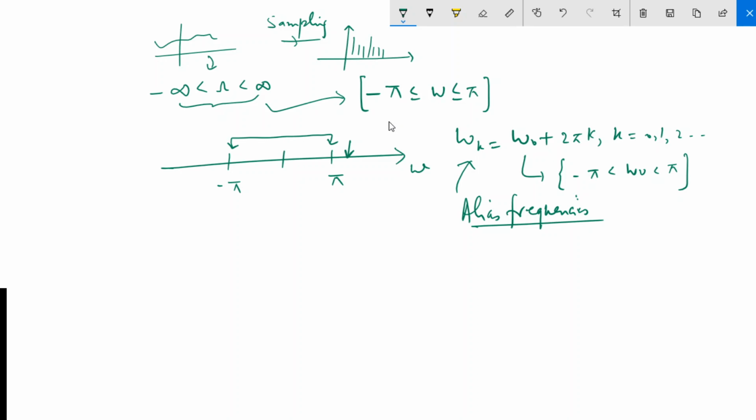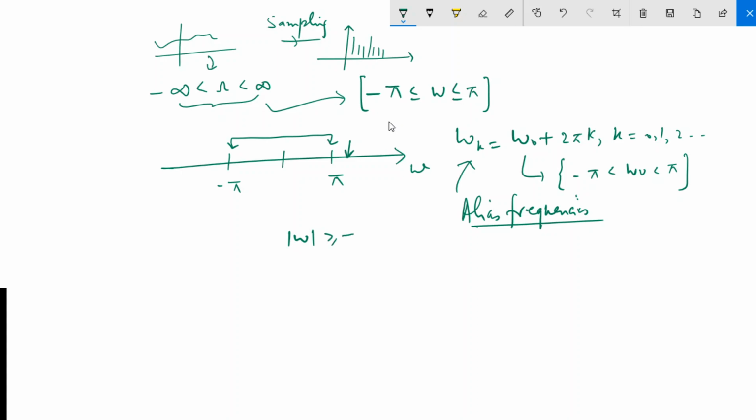So continuous time signals have infinite bandwidth, and discrete time signals have a finite frequency band of 2 pi. Okay, so in fact for any frequency, minus pi to pi, it means omega should be limited.